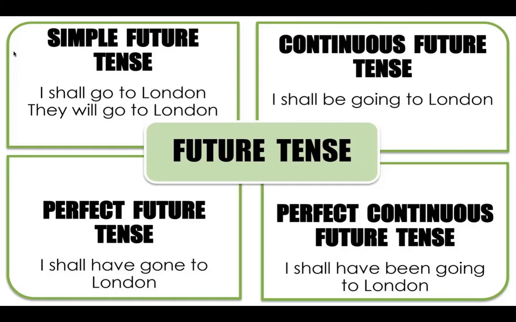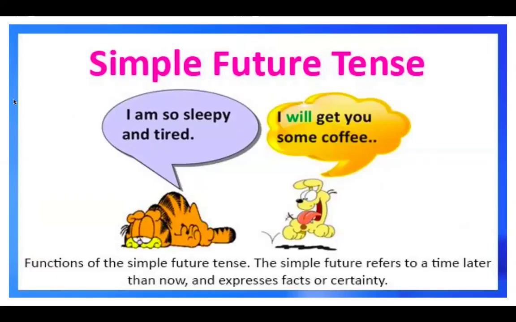Coming to the next one, the simple future, we will discuss it briefly. Now, observe the simple future tense in a conversation between two cartoon characters. The first one states, I am so sleepy and tired.